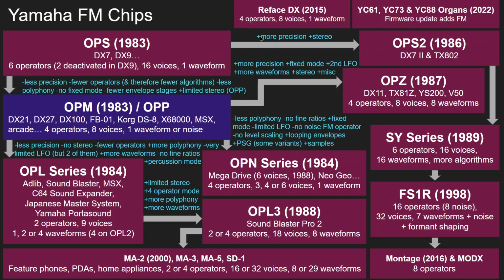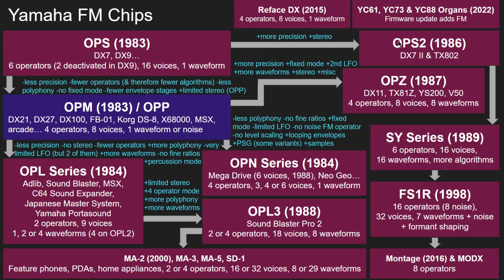And then, following the arrow over to the right, they made a slight revision to the OPS chip in 1986. They added more precision, so there were more values available for a parameter.